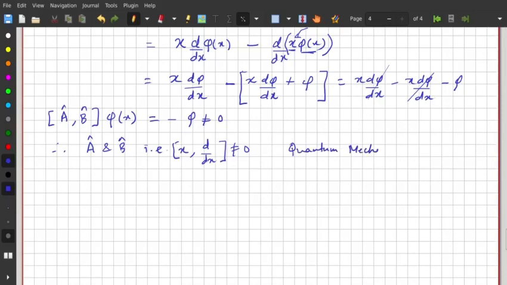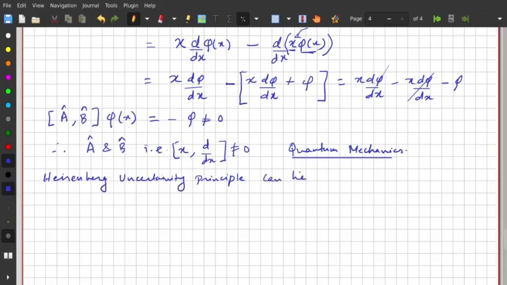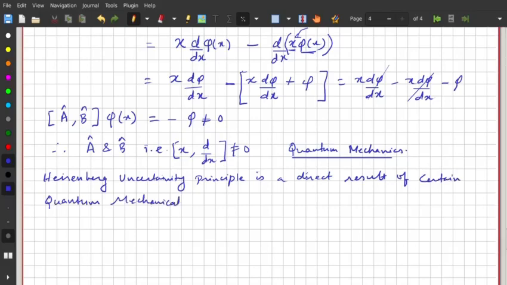If you remember Heisenberg's uncertainty principle, it can be seen as a direct result of certain quantum mechanical operators that do not commute with each other.